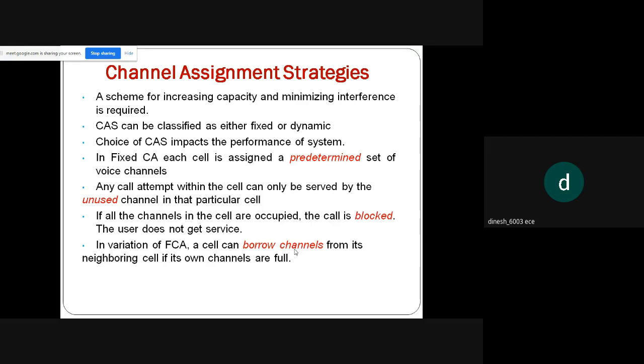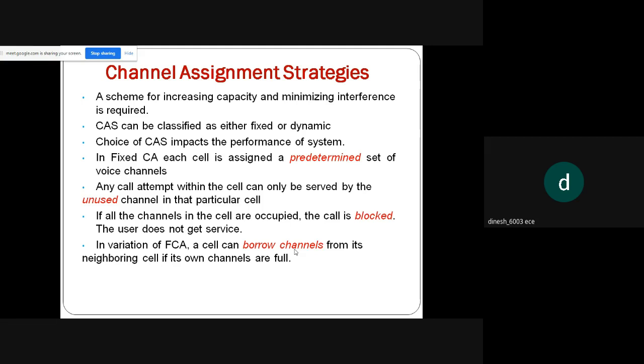So the channel assignment strategy can be classified into either fixed or dynamic depending upon the application. It could be either static or moving, depending upon the application. So the choice of channel assignment strategy impacts the performance of the system.